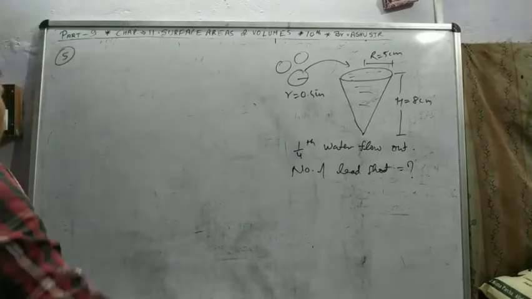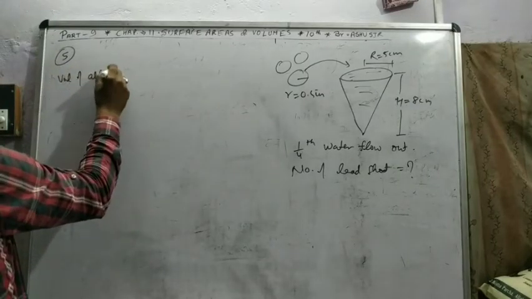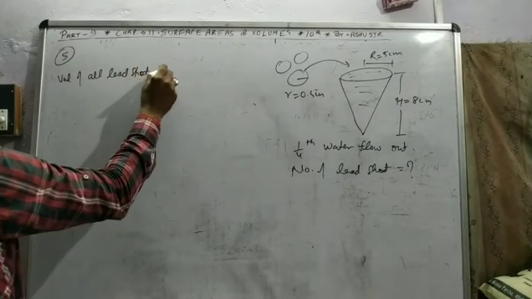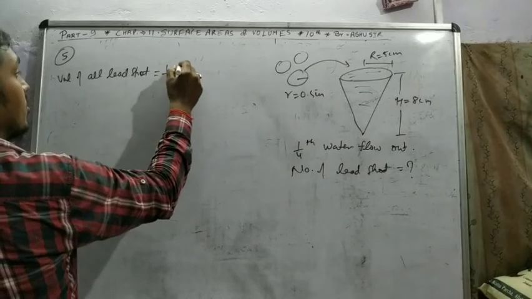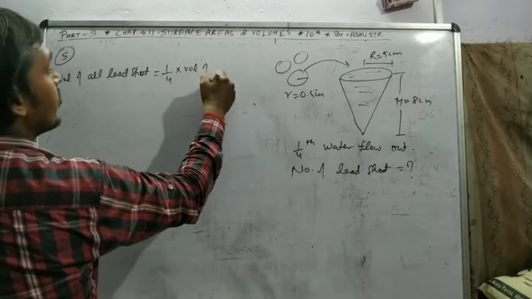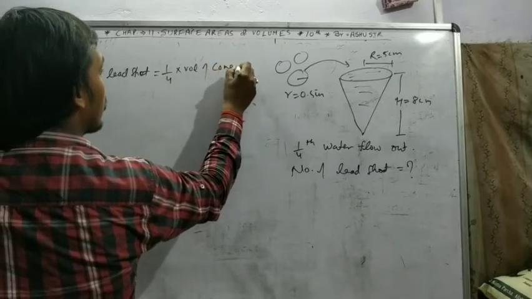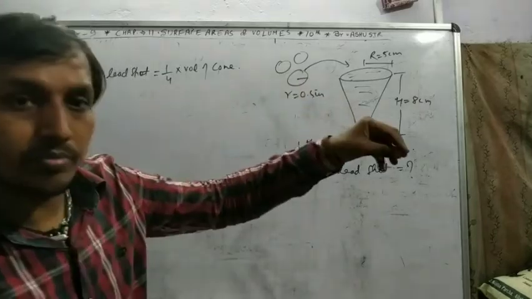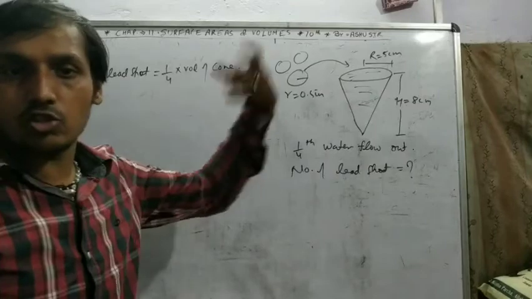It means the volume of all lead shots is equal to 1/4 the volume of the cone, because 1/4 of the water volume is equal to the volume of all the lead shots.